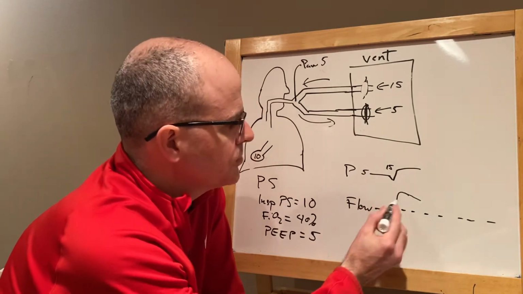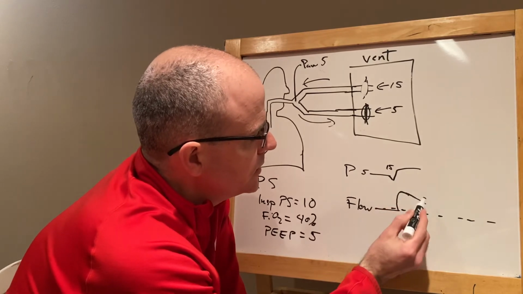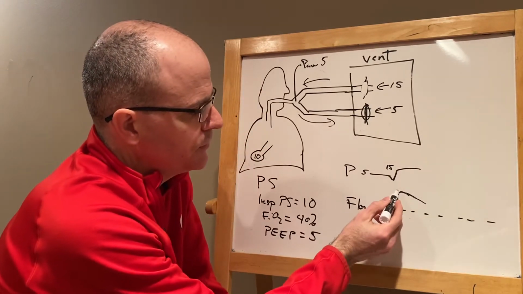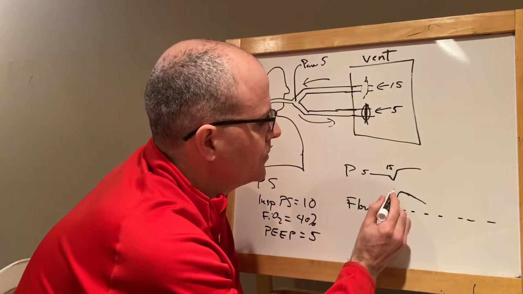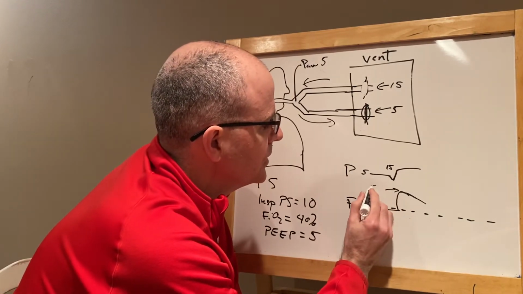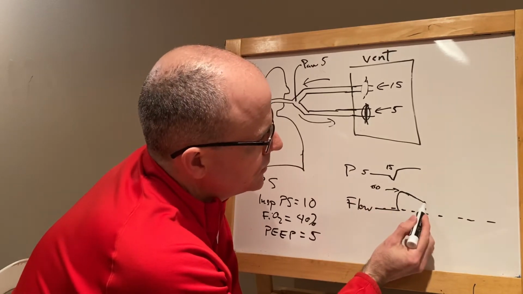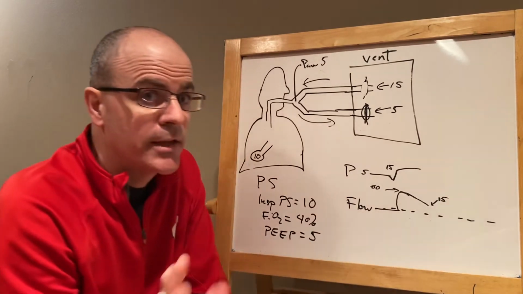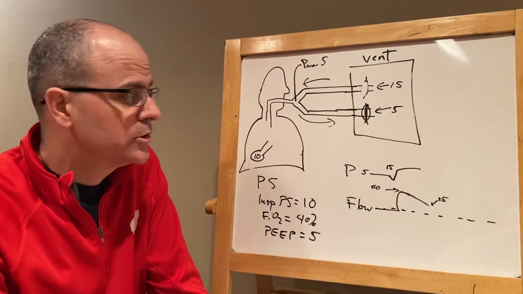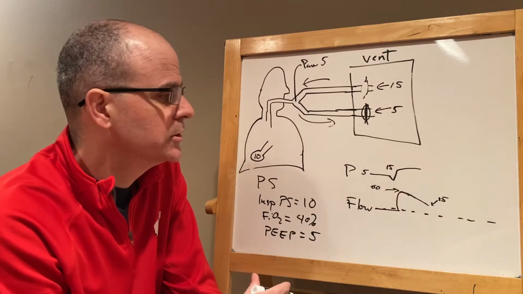We're going to keep inspiration going until the flow decays to a certain percentage of the peak flow. Oftentimes we'll say 25%. That's the usual. So if peak inspiratory flow is something like 60 liters per minute, then when the flow gets down to 15 liters per minute, that's what tells the ventilator to stop inspiration and switch over to expiration.